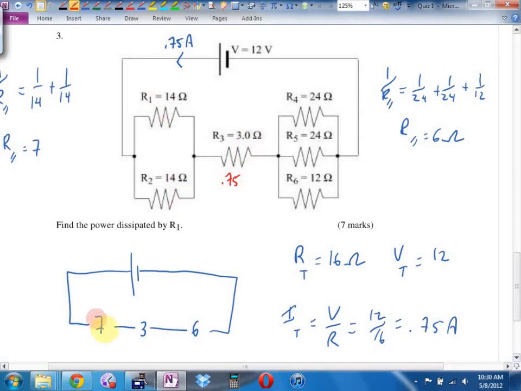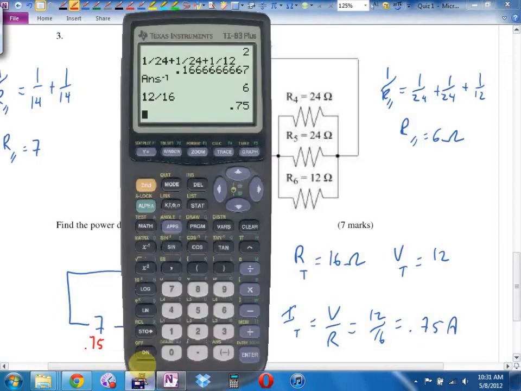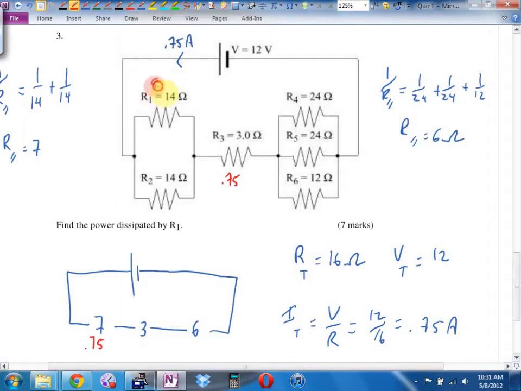As one resistor, it's 7. With a current of 0.75, how many volts do I lose going through here? 5.25 volts. That means that this is 5.25 volts and this is 5.25 volts.